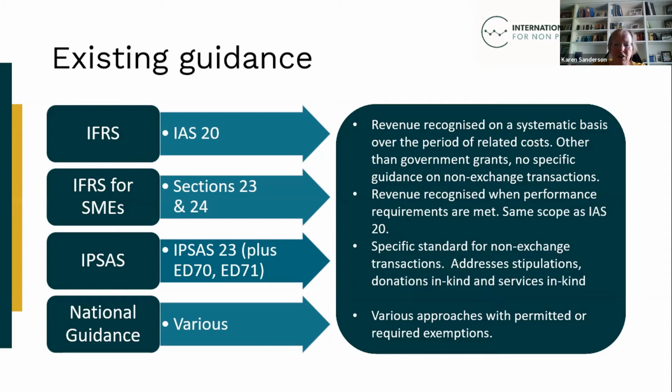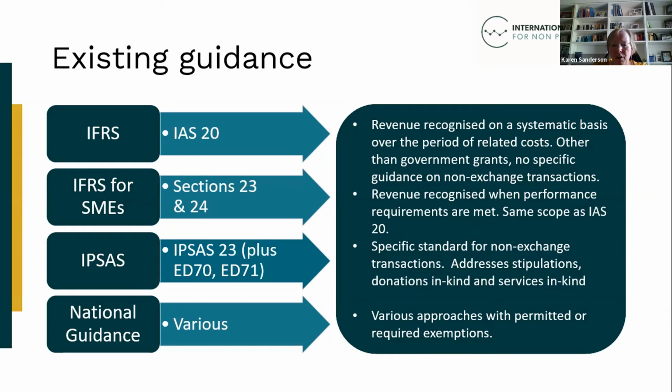And as an alternative approach for donated items of any sort, there is an approach that they are only recognised where they can be reliably measured and would otherwise have been purchased. So some nuances there that are reflected in national standards.